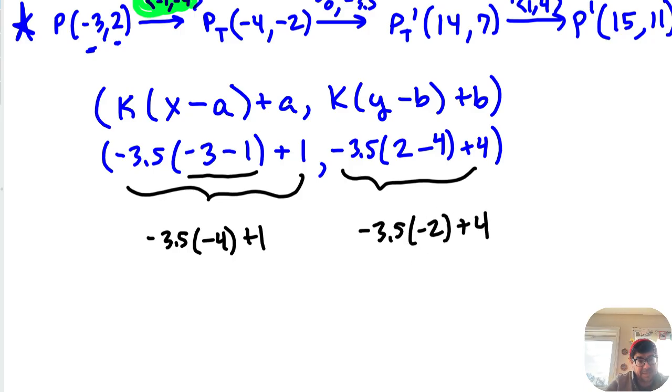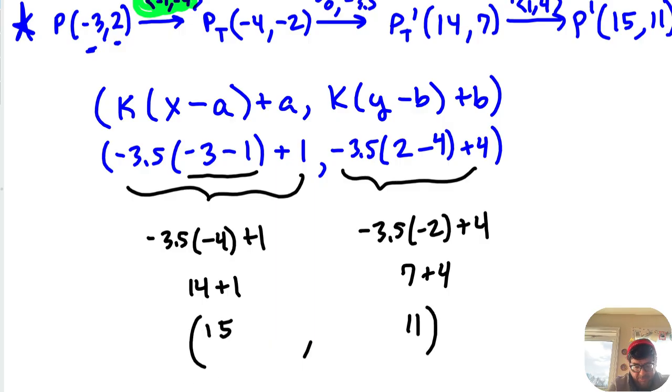Next thing we do is we dilate or multiply here. So we're going to do negative 3.5 times negative 4, which is positive 14. And then we're going to add 1, which is 15, the x value of the image we're looking for. And then over here we do negative 3.5 times negative 2, which is positive 7, plus 4, which gets us 11. And that gets us the point 15, 11.